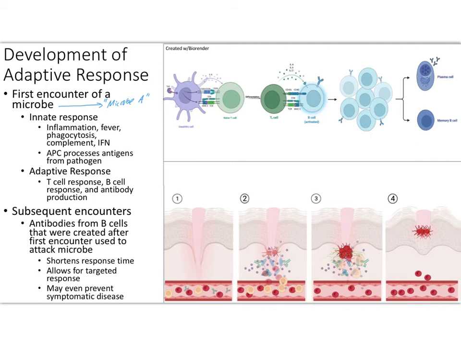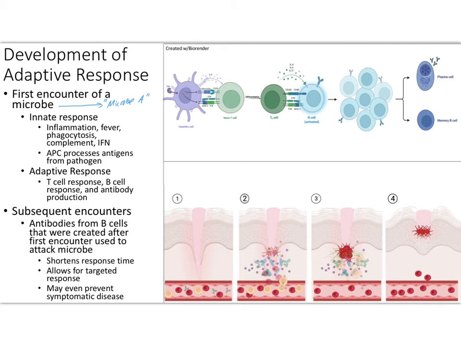The B cell is going to come over, attach to that antigen and MHC complex, and it is basically going to learn the shape of that antigen. So it's going to feel the antigen, get an idea of what the antigen is shaped like, and then once it has learned that antigen, it's going to multiply rapidly. So it's going to make a bunch of copies of itself.